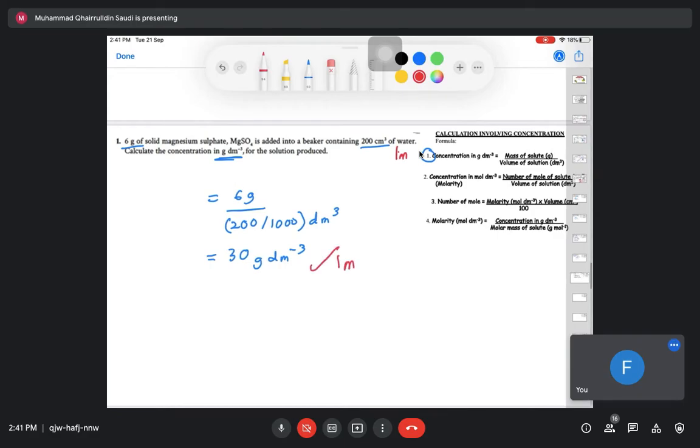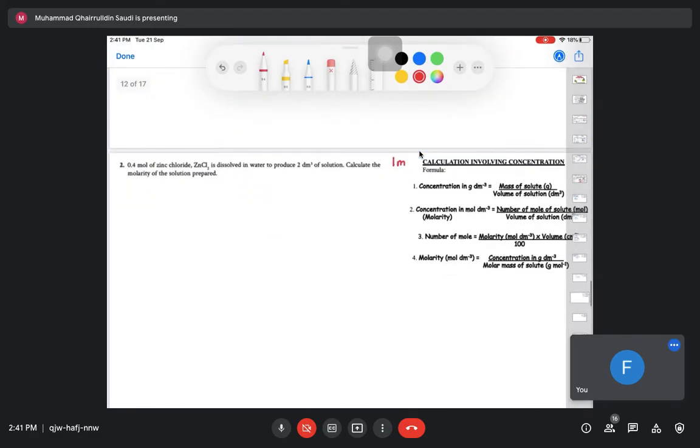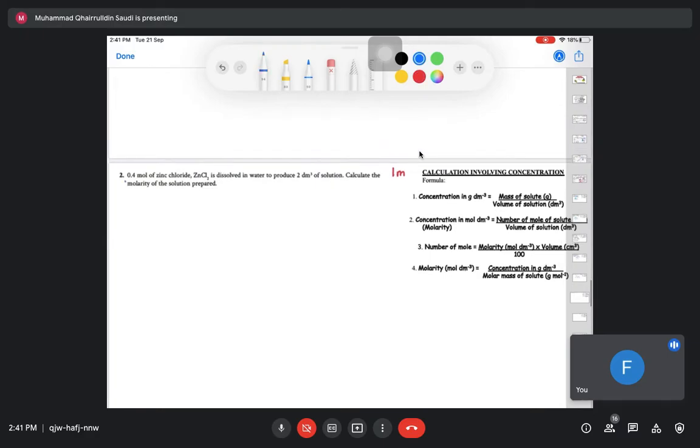Next question. Number 2. 0.4 mole of zinc chloride dissolved in water to produce 2 decimeter cube of solution. Calculate the molarity. Formula number 2: the molarity is number of mole of solute, 0.4 mole, divided by volume of solution, 2 dm cube.